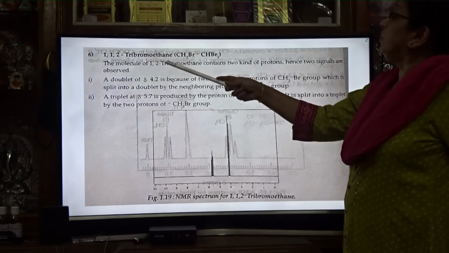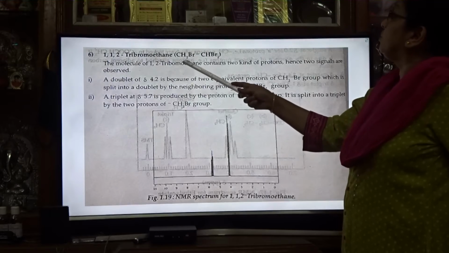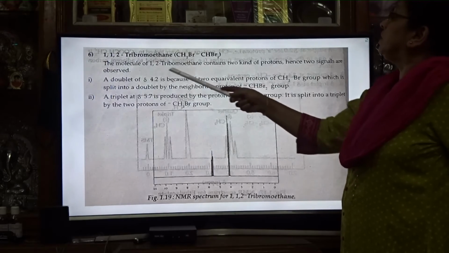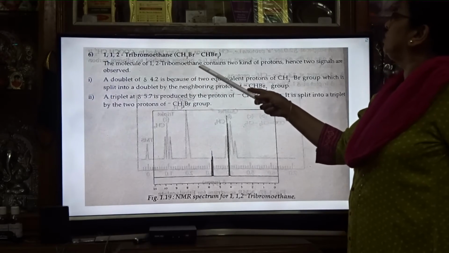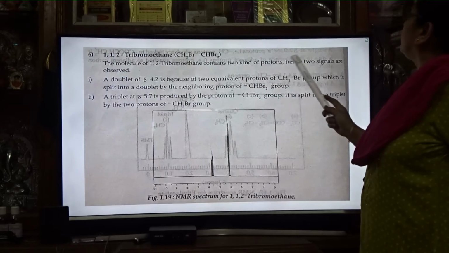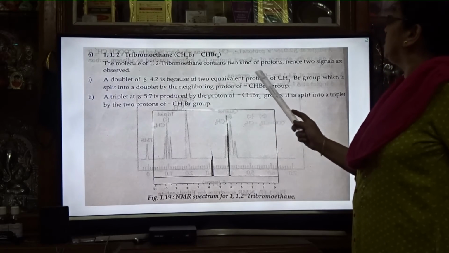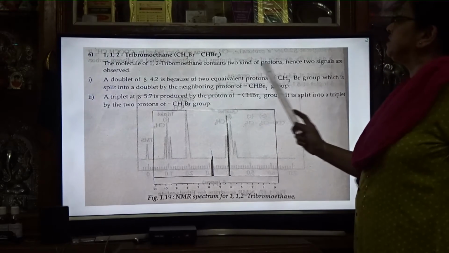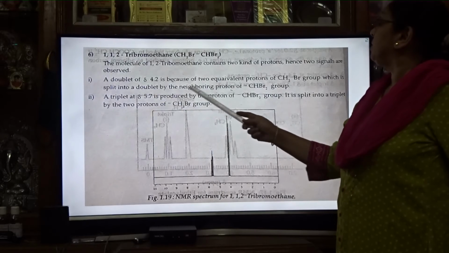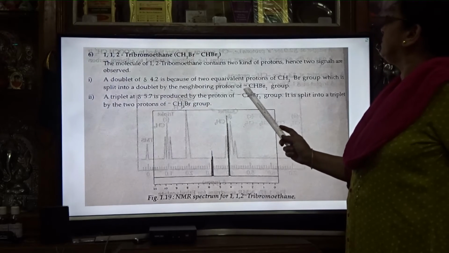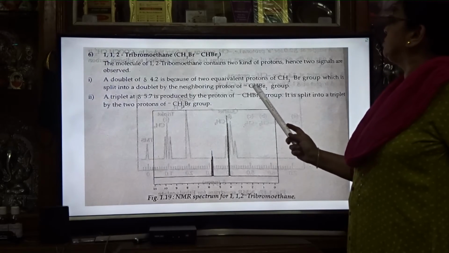Next, 1,1,2-tribromoethane. This is CH2Br, CHBr2. The molecule of 1,1,2-tribromoethane contains 2 kinds of protons, hence 2 signals are observed. A doublet at 4.2 del is because of the 2 equivalent protons of the CH2Br group, which is split into a doublet by the neighboring proton of CHBr2. On the side it is having 1 hydrogen, so it is a doublet.